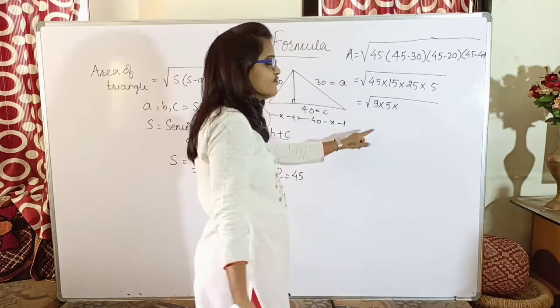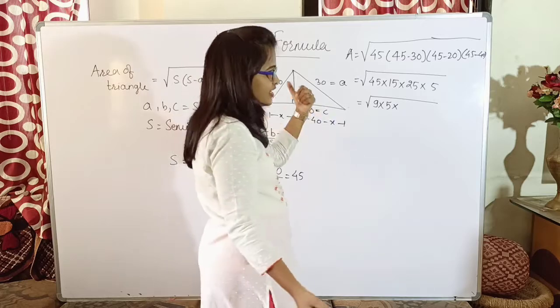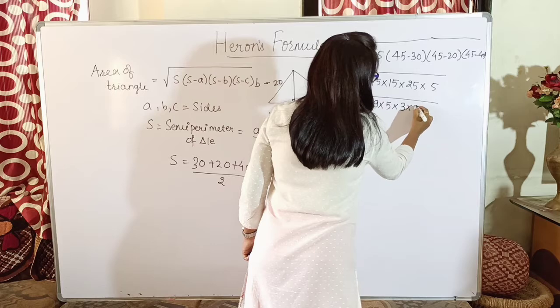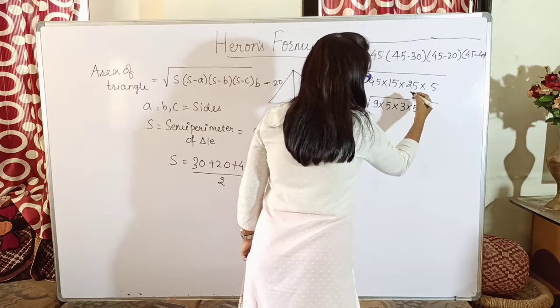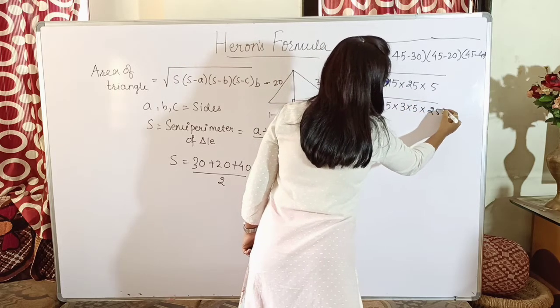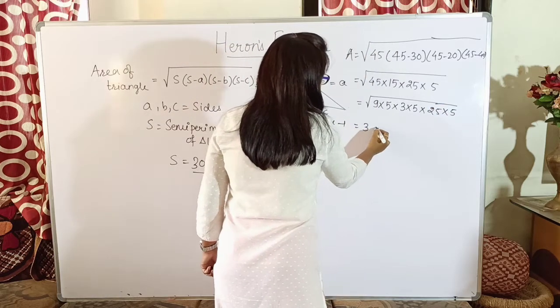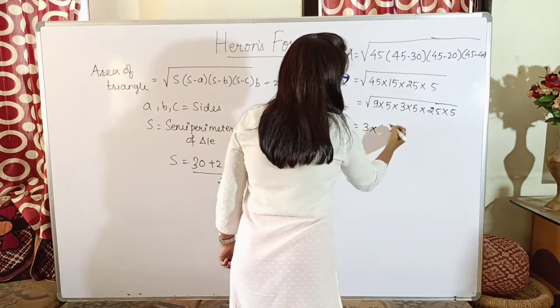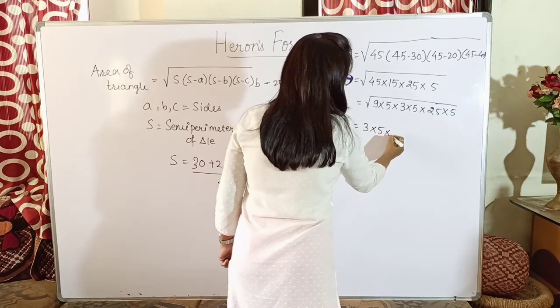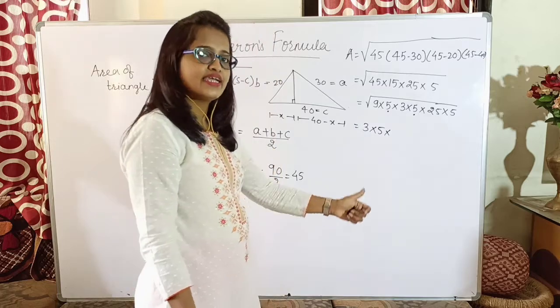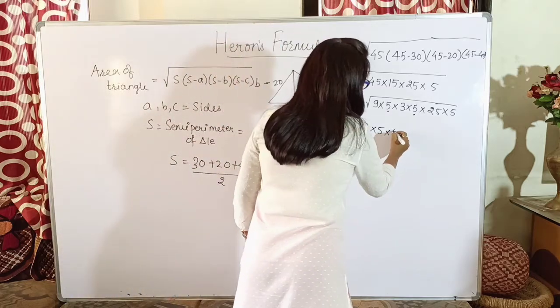Why have I written 9 5s are, because 9 is the square of 3, so I can take it out of the root. Whereas 15 could be written as 3 5s are 15, 25 is already the square of 5, so I will keep it as it is, whereas 5. So square root of 9 is 3 into square root of 25 is 5 into, for the two 5s under the root I can take them outside the root, so that is 5.